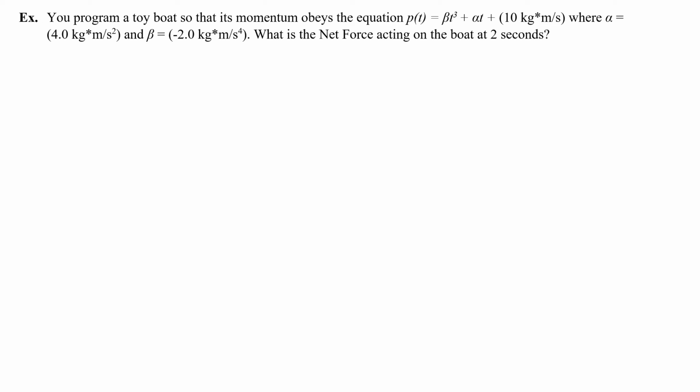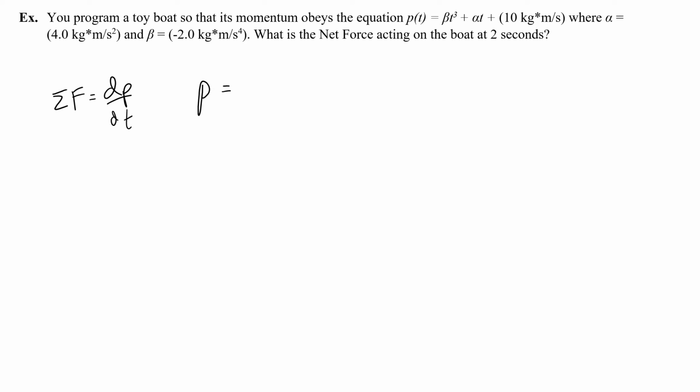Okay, so let's start by writing for ourselves an equation that we want. And we want an equation to find force, right? So we know that the force is going to be equal to the derivative of the momentum equation with respect to time. So I'm going to write the momentum equation a bit math friendly.